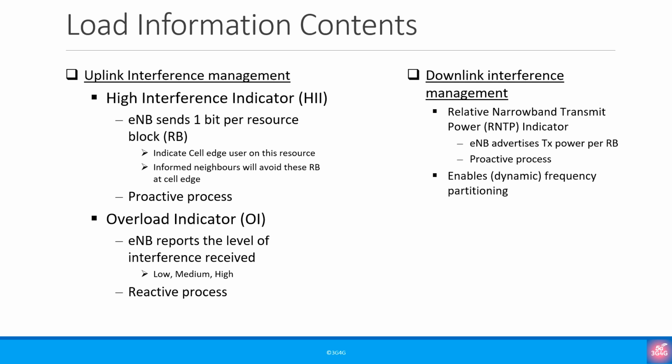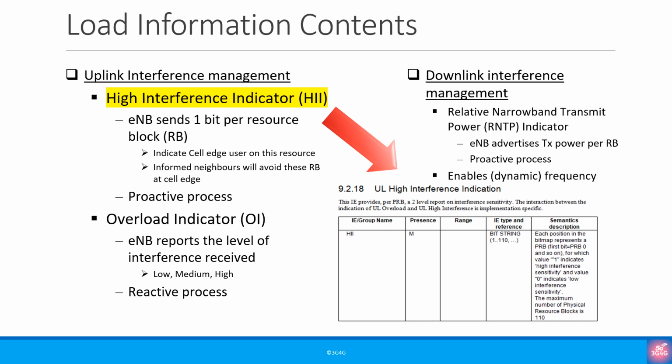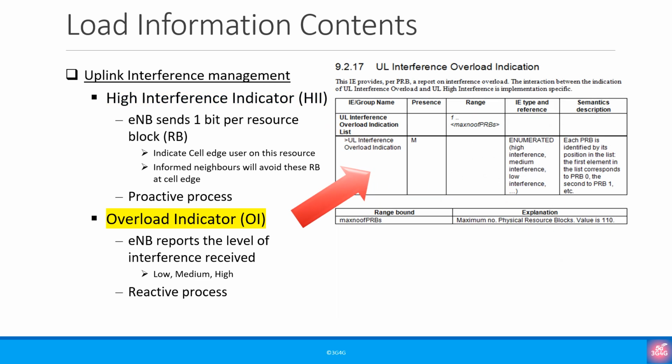So let's look at the load information contents. Upon receiving the high interference indicator, or HII, the neighboring cells may wish to avoid scheduling on the indicated resource blocks. A cell receiving the overload indicator, or OI, may reduce the interference generated on some of the indicated resource blocks.